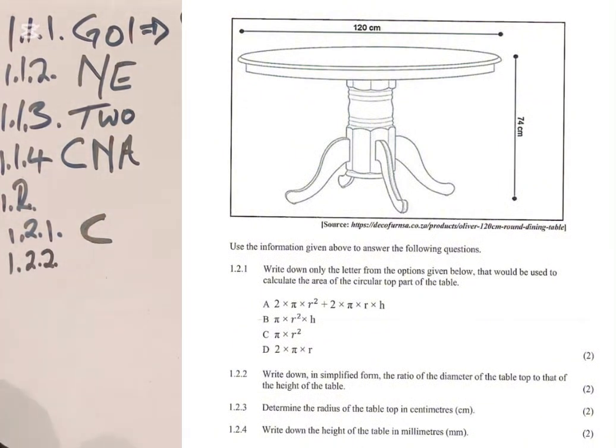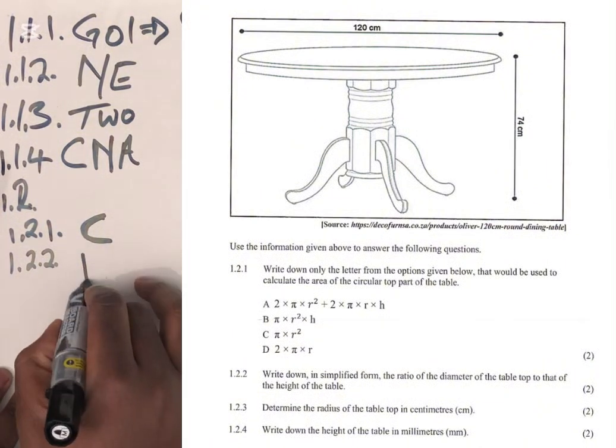1.2.2. It says that write down in simplified form the ratio of the diameter of the tabletop to that of the height of the tabletop. So now they want us to write the ratio of a diameter. We don't change the pattern.